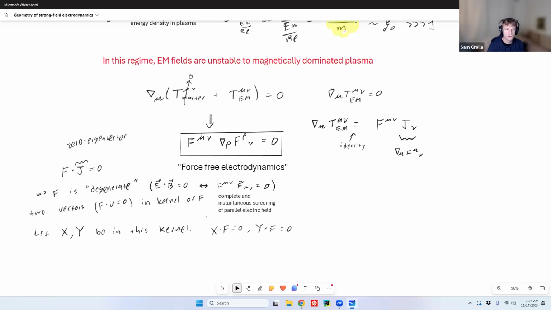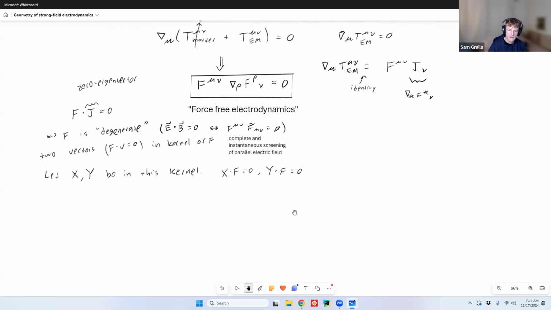So this dot is just contraction with an index of F. And now let's do a little calculation. The first thing I'll remind you about, which people are probably familiar with in a relativity seminar, is the magic formula for the Lie derivative of a differential form.